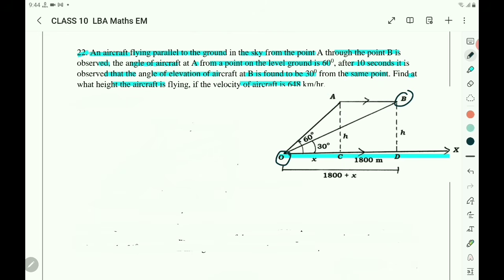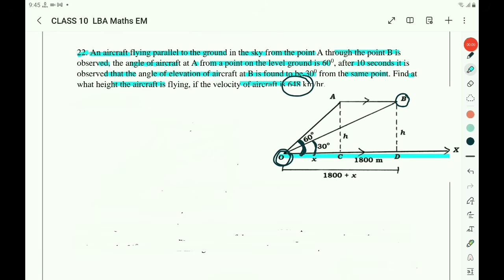The angle of elevation is 60 degree. When it moves and reaches the point B, then the angle of elevation is 30 degree from the same point. What we have to find out? We have to find the height of the helicopter from the ground.